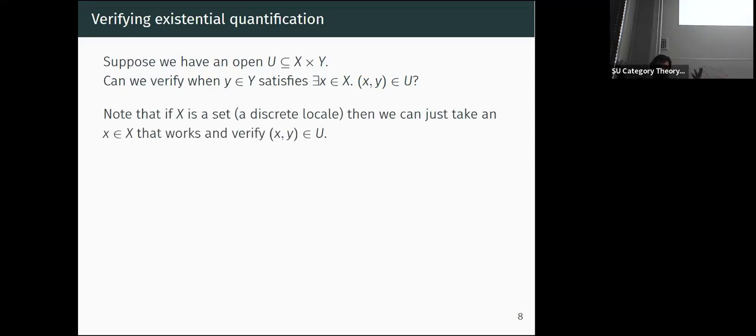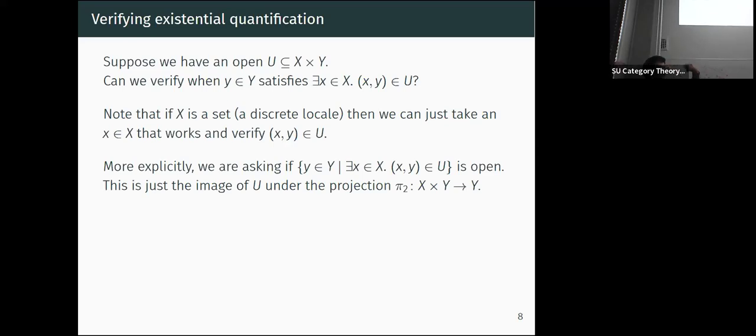If X is just a discrete locale, yes, this is very easy. If this is true, that means there exists some X such that this works, and then you can just verify that X comma Y lies in U, because U is open, so this is something we can do. So it's very easy if X is a set.